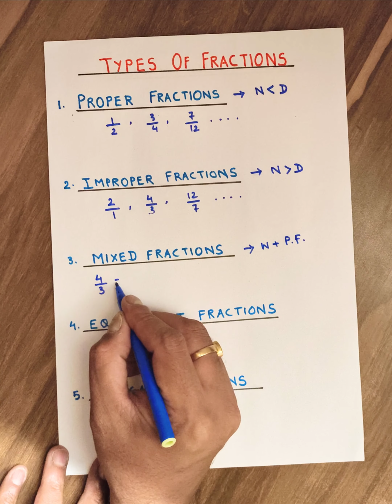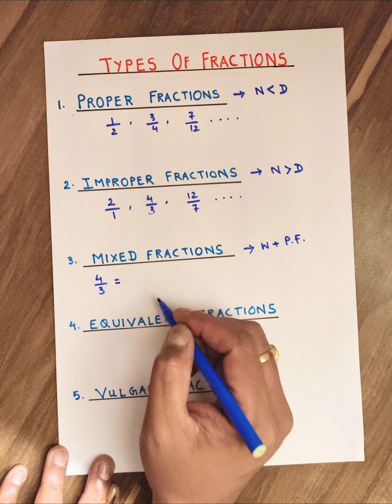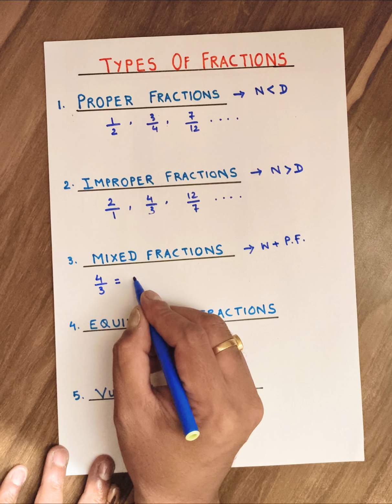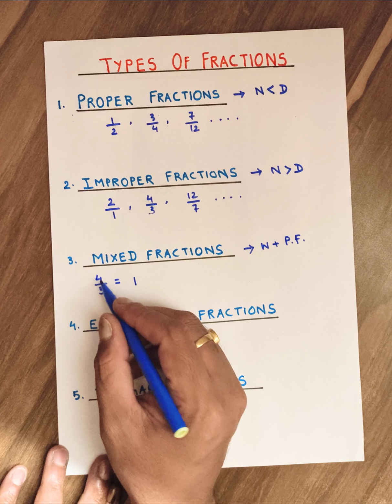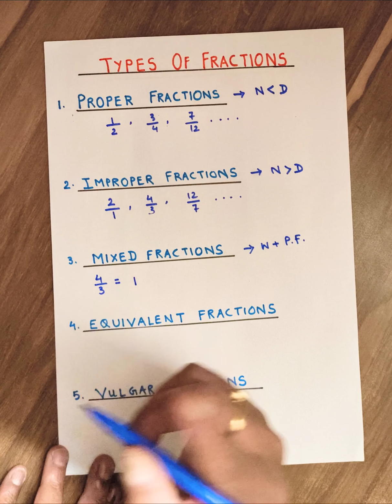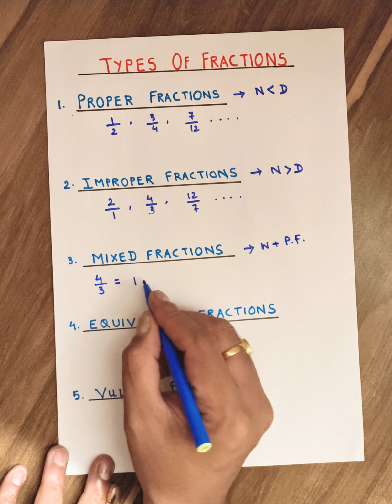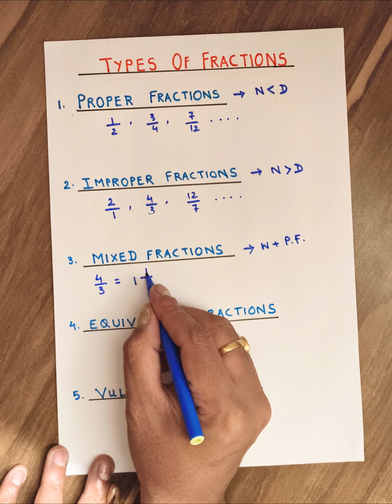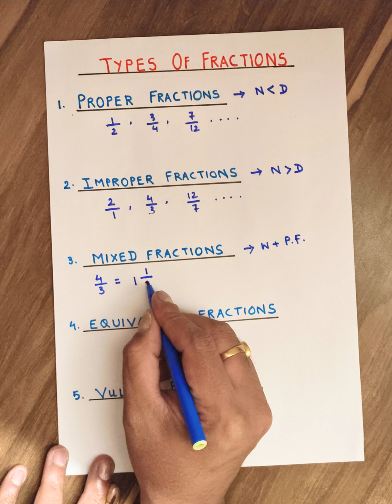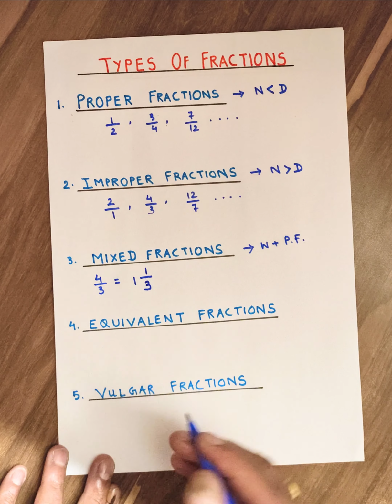Now this improper fraction can be converted into a mixed fraction. 4 divided by 3: 3 will go only 1 time. So the quotient is 1. The remainder is 1 and the denominator is 3.